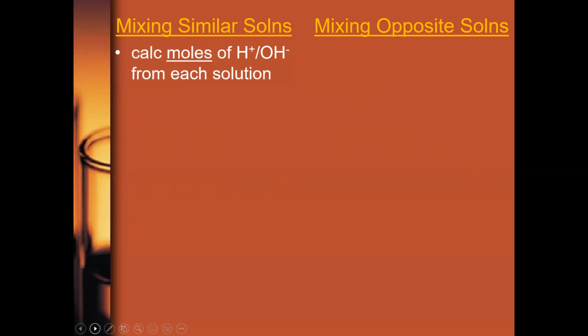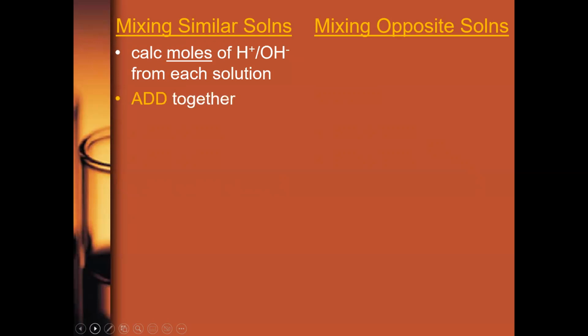So whenever we're looking at what to do with mixtures, if we are mixing similar solutions, so mixing two acids or two bases together, versus mixing opposite solutions, we treat them slightly differently. When we're mixing similar solutions, we need to calculate moles of hydrogen or hydroxide from each solution.